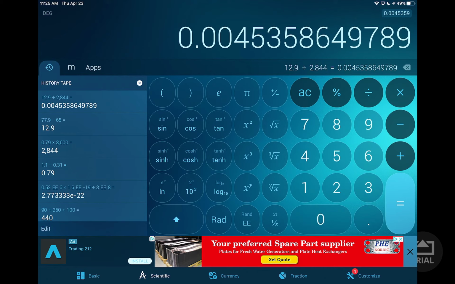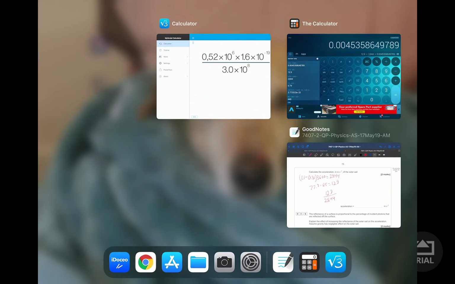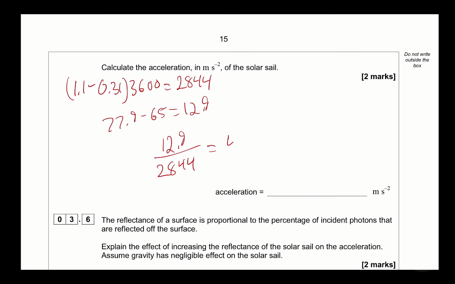So 4.5 times 10 to the minus 3 meters per second squared. What have I done wrong?